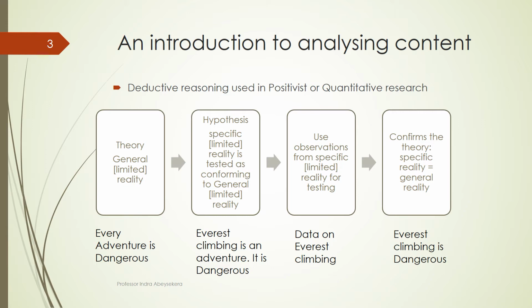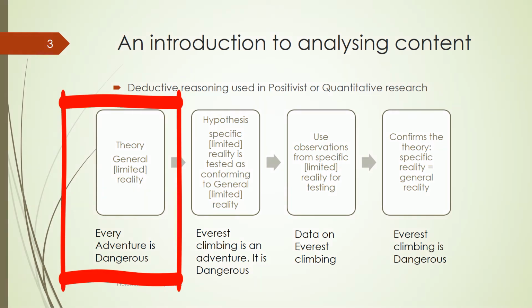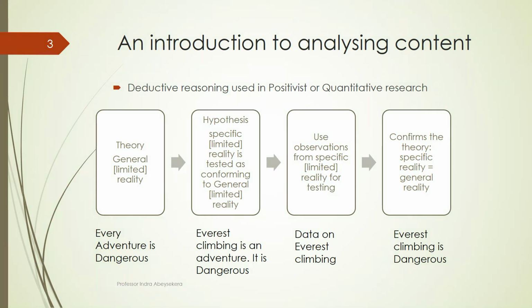In that paradigm, we start with a theory where the theory describes a general but a limited reality. We then look at a specific problem, which is a specific limited reality, and we test that specific reality as to whether it conforms with the general limited reality, which is the theory.